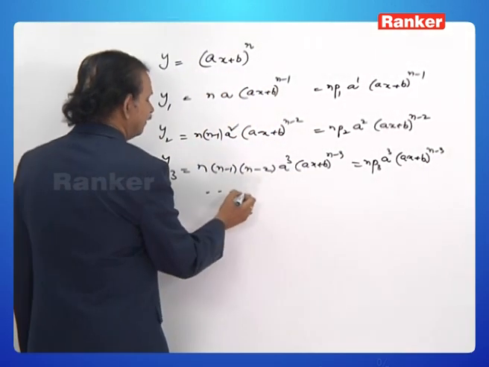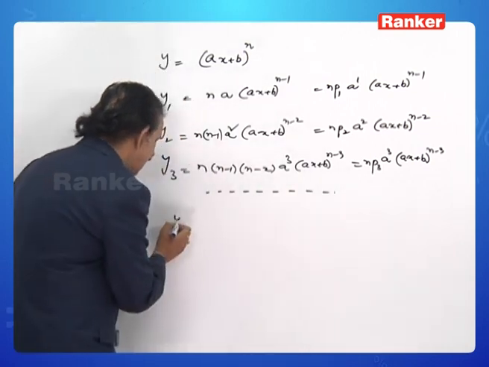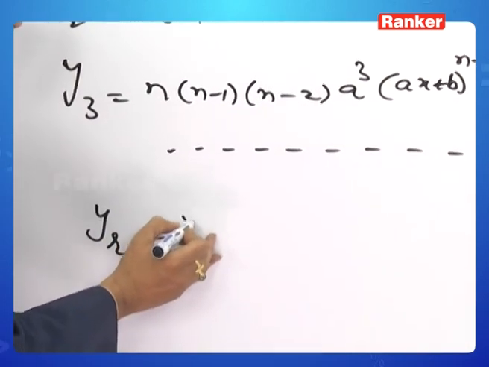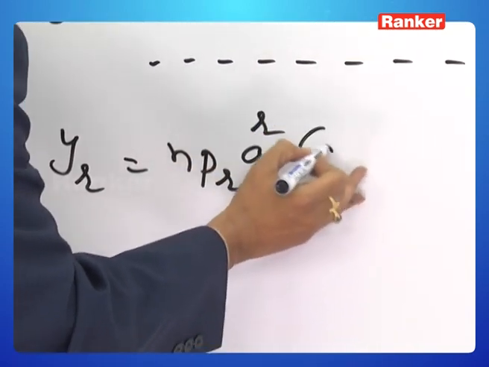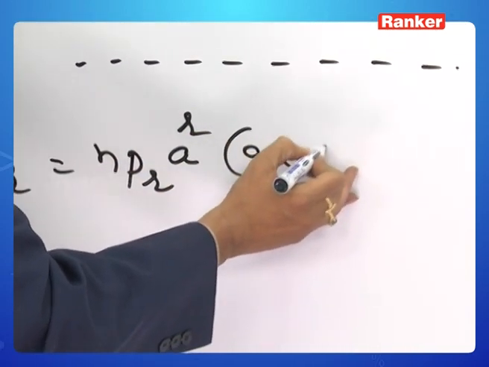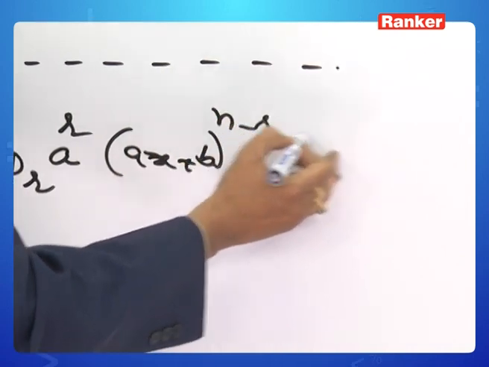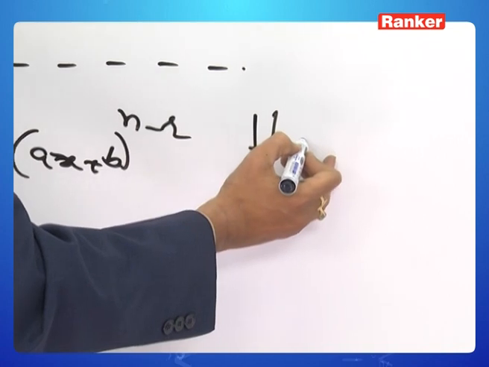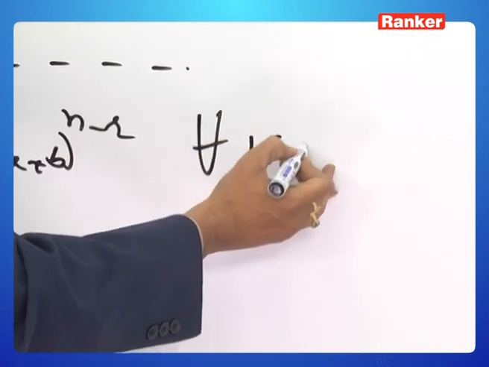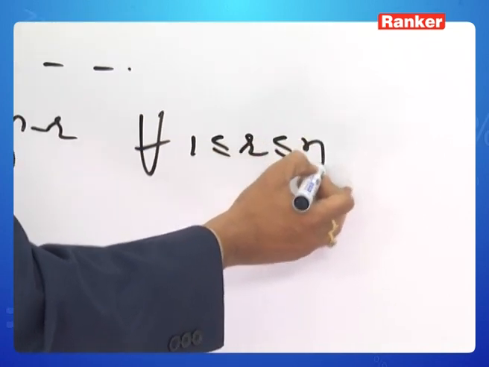And in general, yr, what is yr? nPr a to the power r (ax plus b) to the power of n minus r, for all 1 less than or equal to r less than or equal to n.